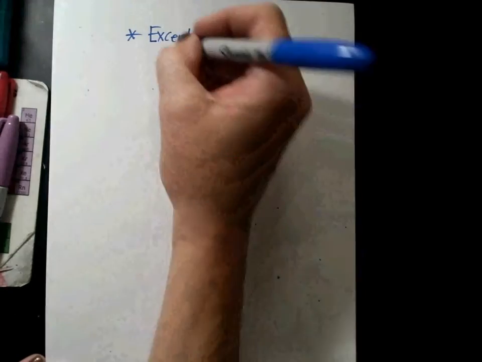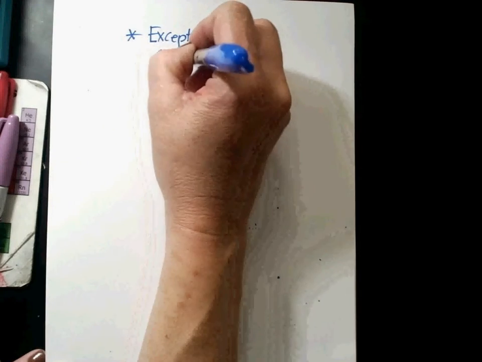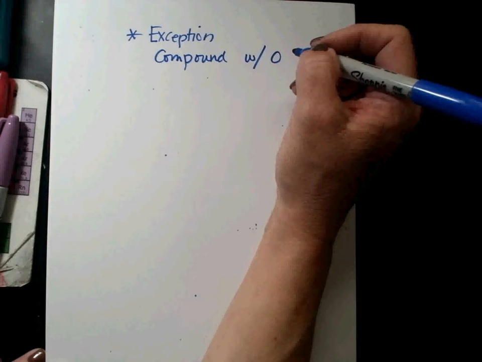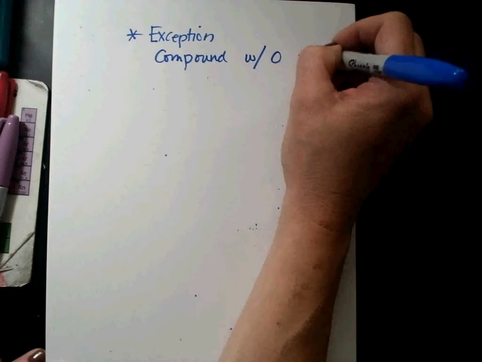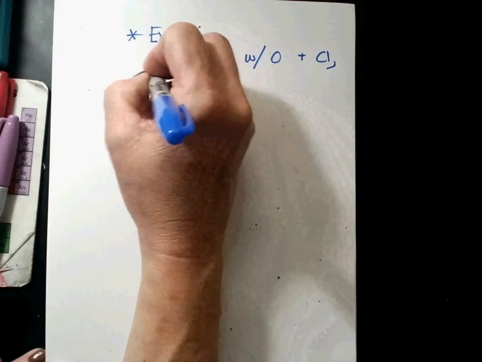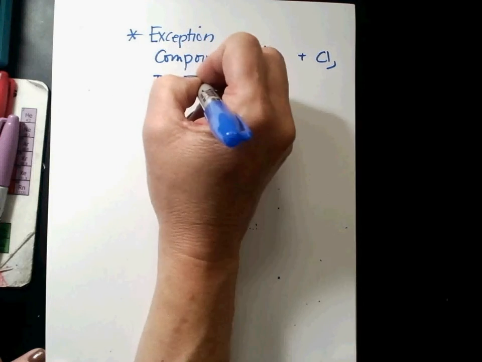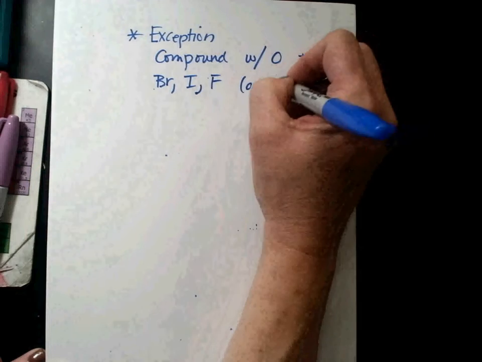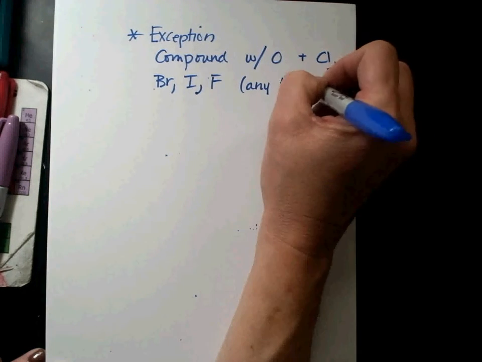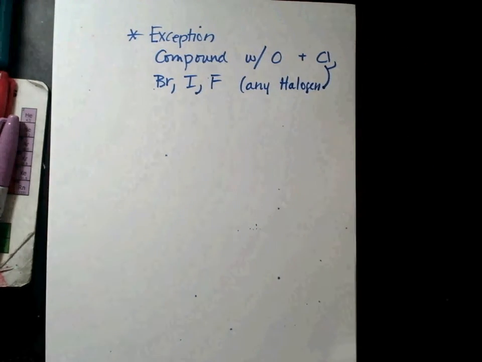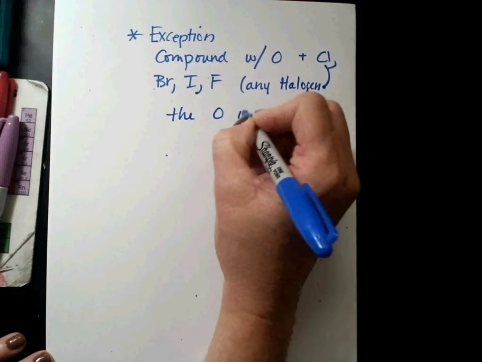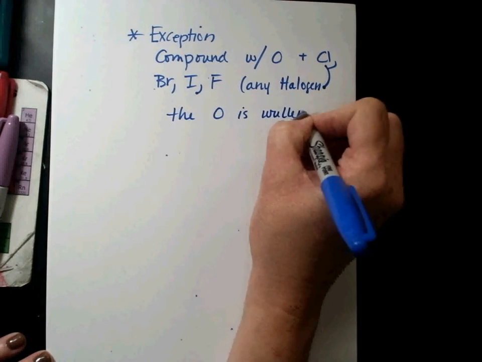If I have a compound with oxygen and chlorine, bromine, iodine, fluorine, really we can say any halogen, the oxygen is written last.